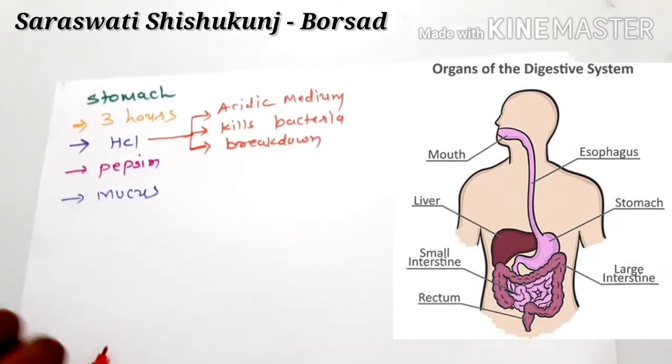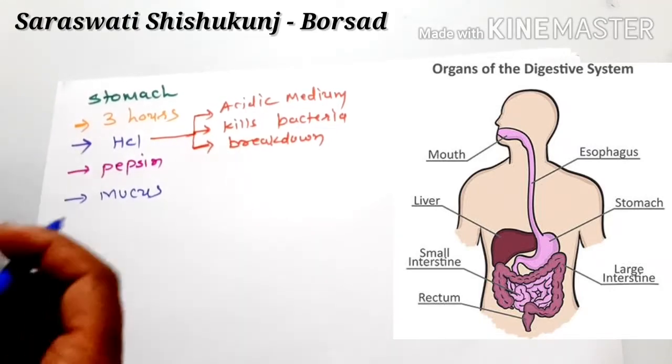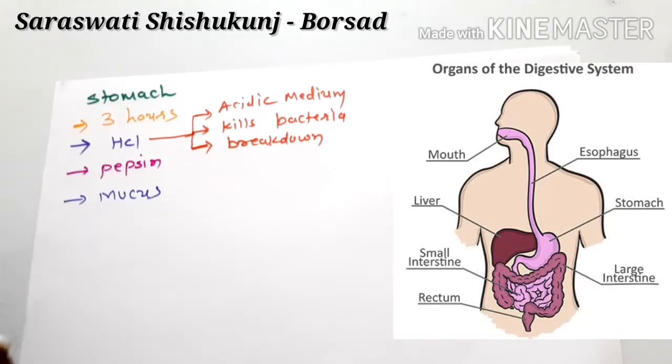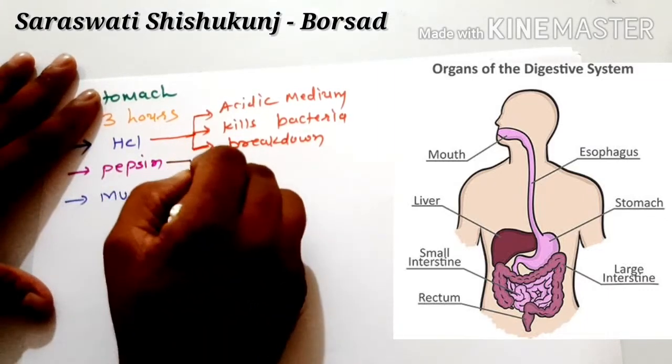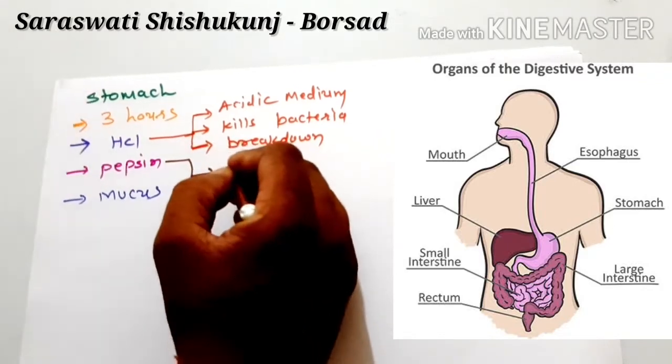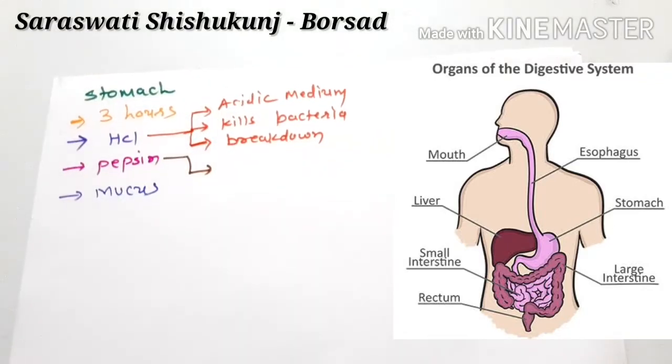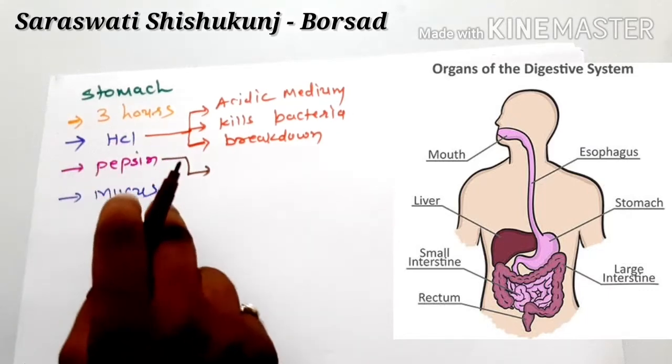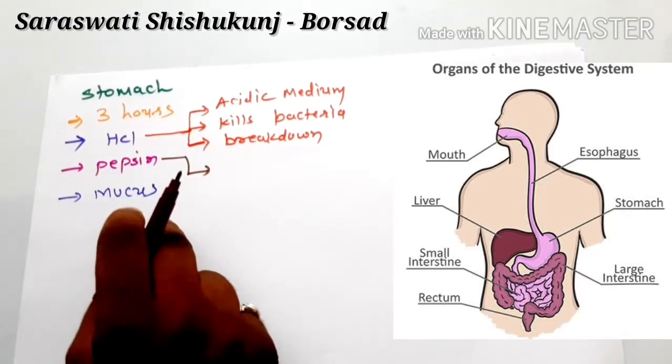Now, what is the importance of pepsin? It is very simple. First of all, pepsinogen is secreted in the stomach.